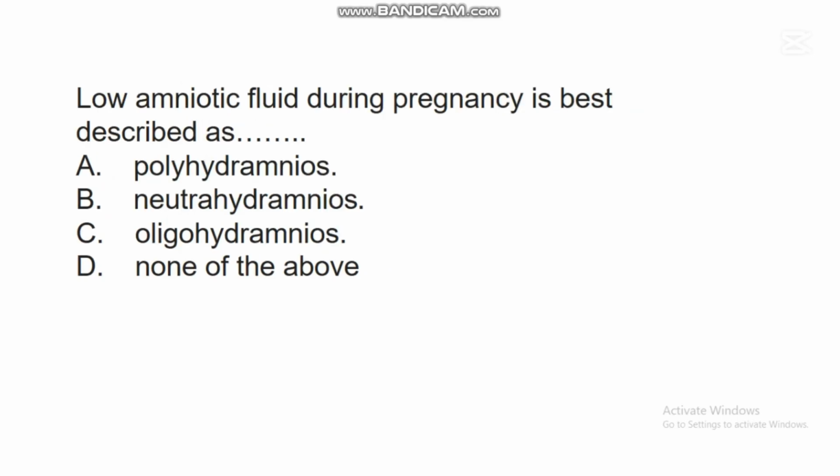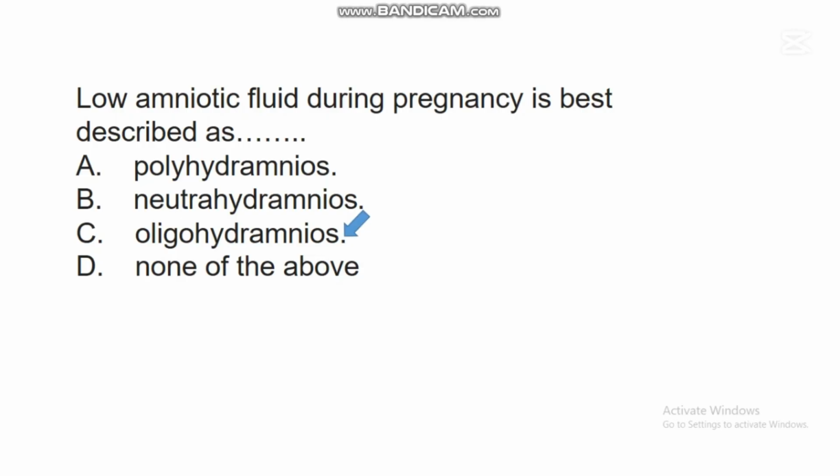The next question says, low amniotic fluid during pregnancy is best described as dash. A. Polyhydramnios. B. Neutralhydramnios. C. Oligohydramnios. D. None of the above. In this question, the correct answer is C. Oligohydramnios.